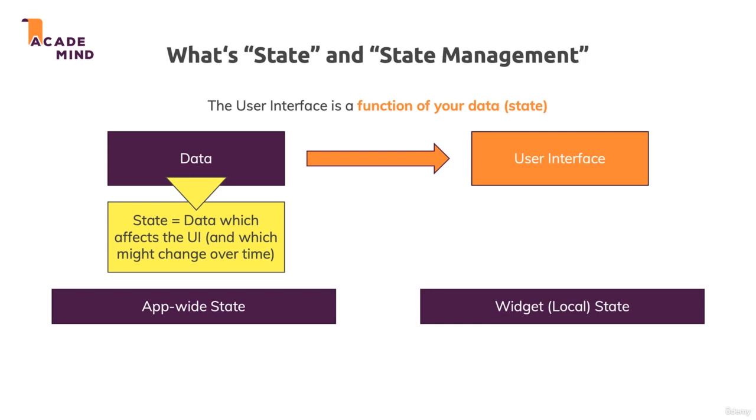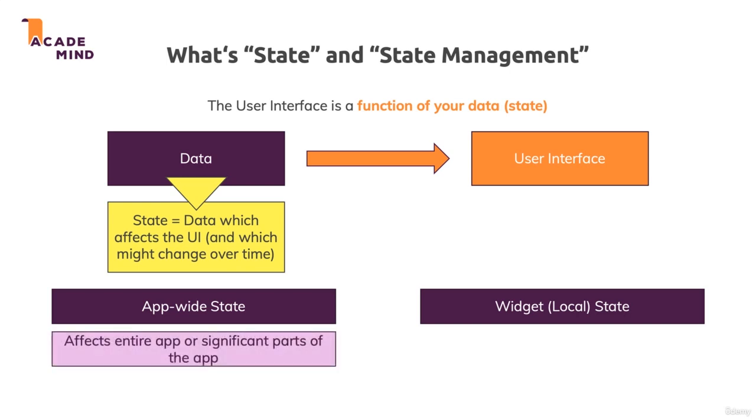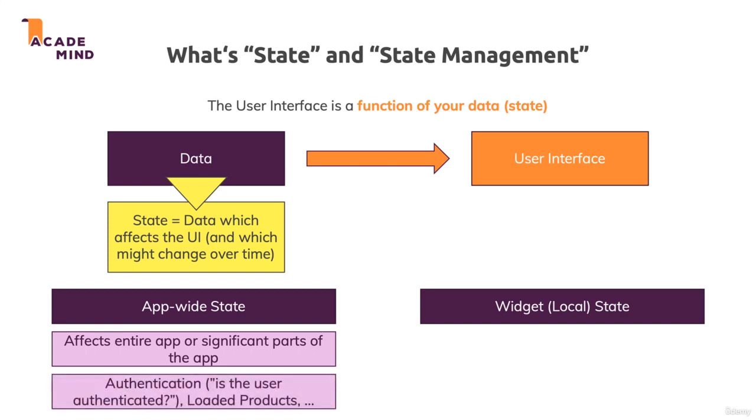Now app-wide state, as the name suggests, affects the entire application, or at least large chunks of the app. And examples here would be the authentication status of a user. Is the user authenticated? If the user is not authenticated, we typically want to show a totally different app. We want to show a login screen instead of our products.